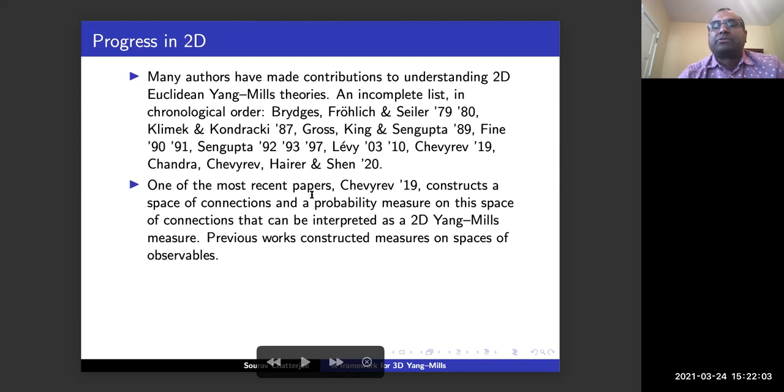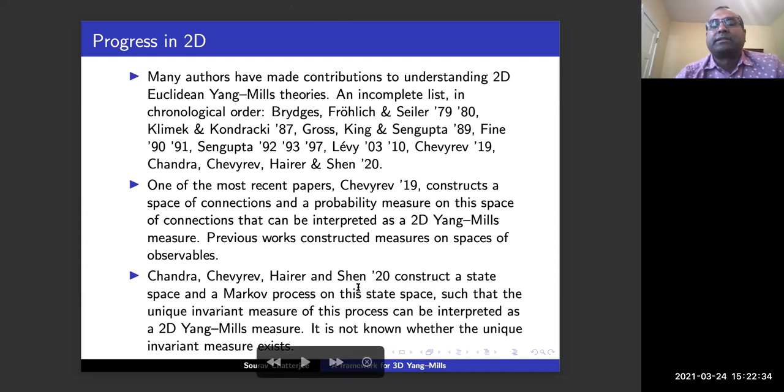In one of the most recent papers of Chevyev, Chevyev constructs a space of connections and a probability measure on the space of connections that can be interpreted as a 2D Yang-Mills measure. Previous works on 2D Yang-Mills measure constructed these measures on spaces of observables. So this is, I think, the first one that constructed it just on a space of random, actually distributional, connections. So this is h to the negative something.